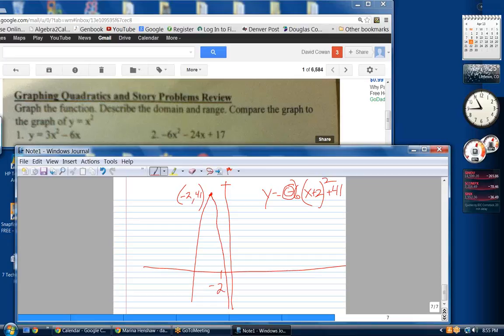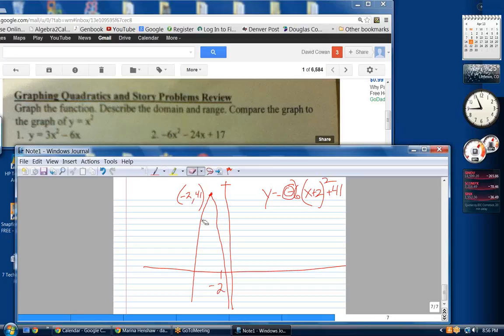Okay, now I still haven't drawn it exactly. I've drawn a good estimate because I found the vertex, I know how skinny it's supposed to be, and I know which direction it's supposed to be. But to really adequately graph it, I need either a y-intercept or two x-intercepts, but I need two more points.